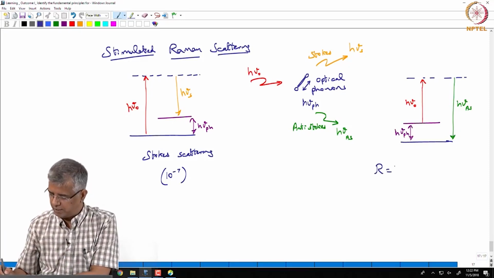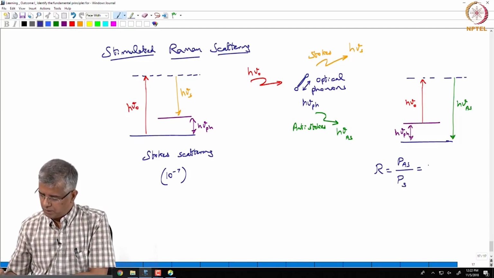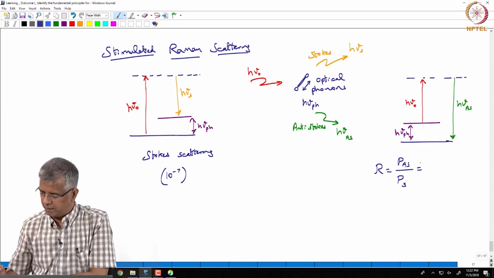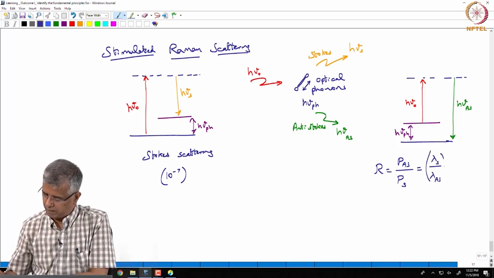When you look at the ratio of the anti-Stokes scattered power over the Stokes scattered power, since this scattering is inversely proportional to lambda to the power of 4, that ratio can be written as lambda s over lambda as to the power of 4, and then exponential of minus h nu phonon divided by kBT.